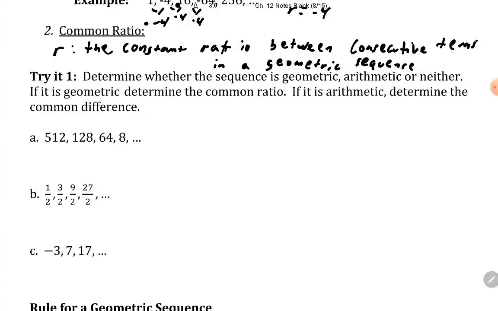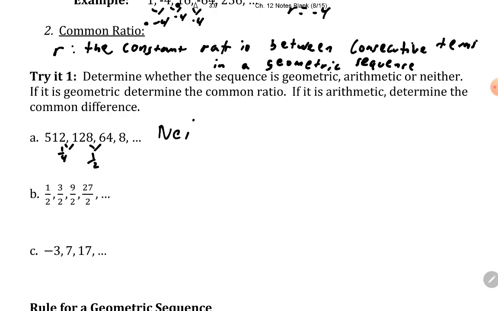So let's do this example here. Determine whether the sequence is geometric, arithmetic, or neither. Okay. So obviously part A, it's not arithmetic because the difference between the first two terms is not the same as the last two terms. So let's see what's going on here. 128 is 1/4 of 512. 64 is 1/2.